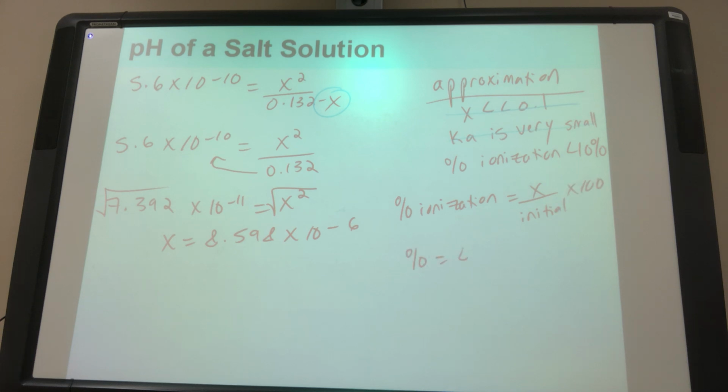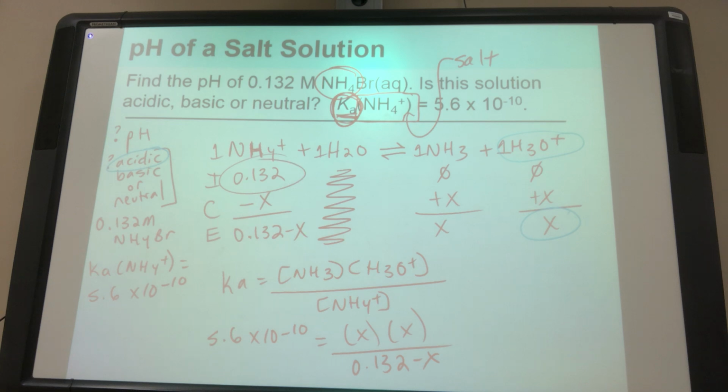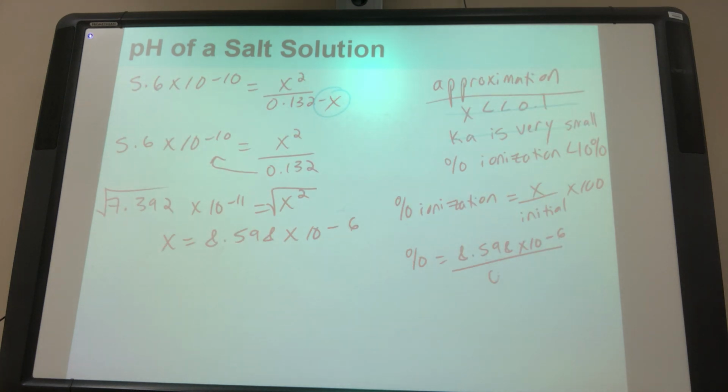So my X is 8.598 times 10 to the negative 6. My initial was right here, the 0.132, times 100. That gives me 0.00651%. Really, really small percent. So, since that's so small, I think we can assume that's good too. All right, so now we know our X is good, it's a valid number, we're happy with it.